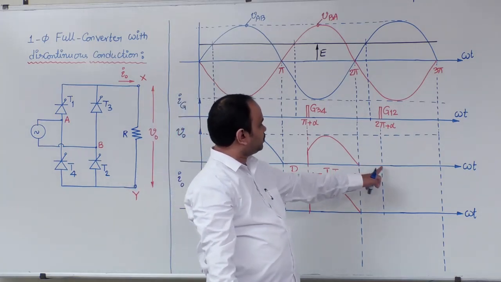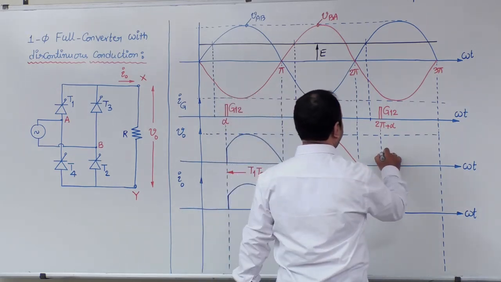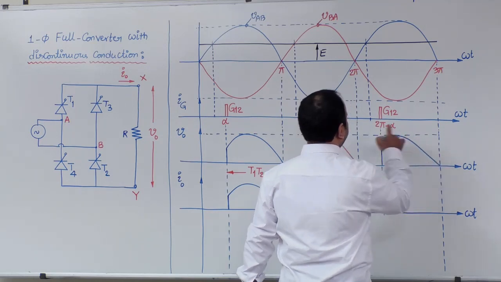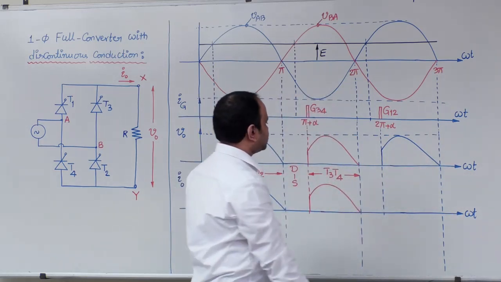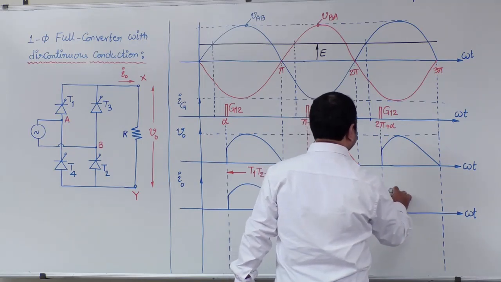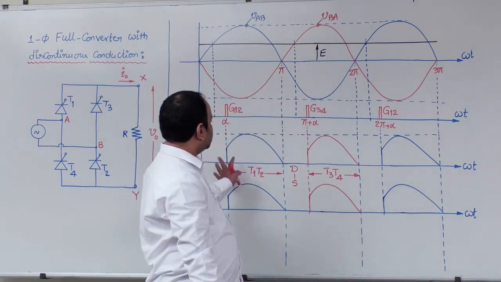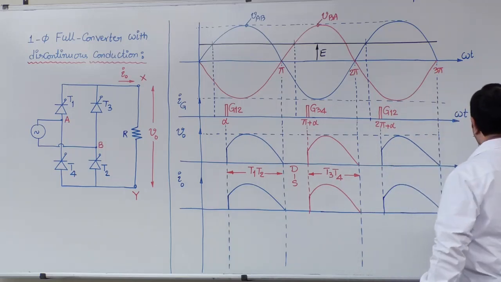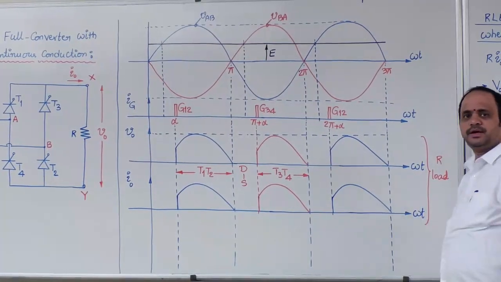Therefore, from 2 pi to 2 pi plus alpha, there will be discontinuity. In the next cycle, the T1 T2 pair will turn on at 2 pi plus alpha. So from 2 pi plus alpha to 3 pi, the output voltage will follow VAB, and I naught will simply follow the V naught waveform. So these are the waveforms for resistive load.